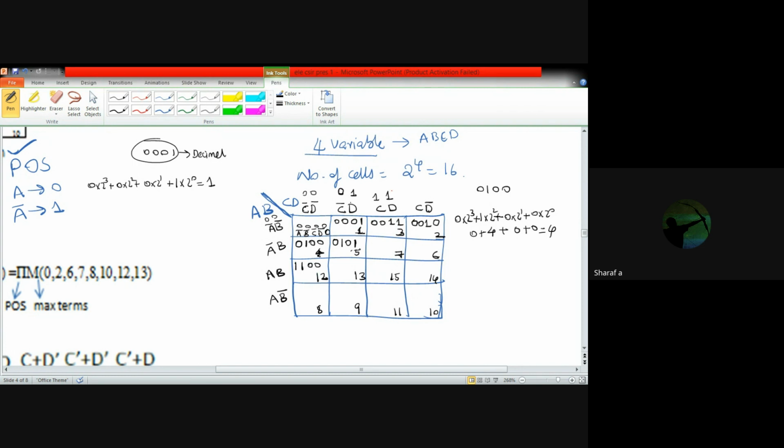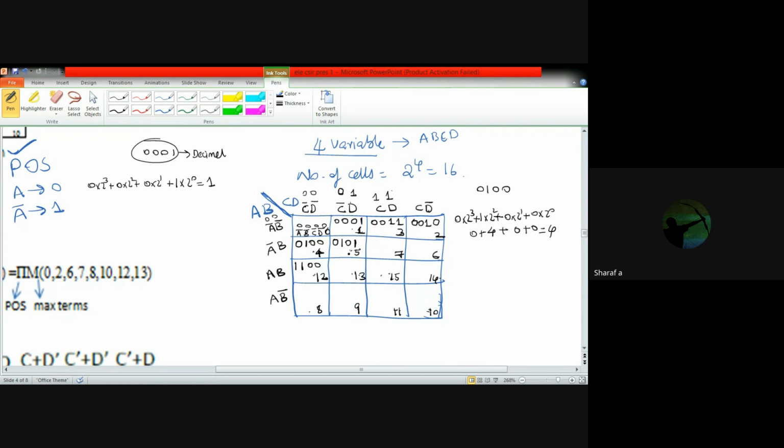So after 7, 8 will come here, then 9, 10, 11, 12, 13, 14, 15. Okay. So first you have to remember this thing. Otherwise the entire calculation will become wrong. 0, 1, 2, 3, 4, 5, 6, 7. Then 8 comes down, 9, 10, 11, 12, 13, 14, 15. So both row wise and column wise we have this jump.